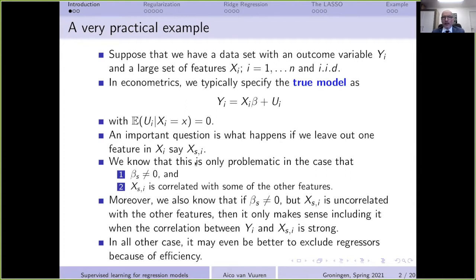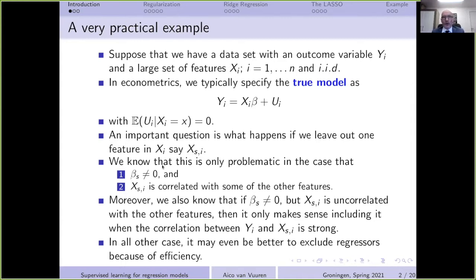We should realize that there are two particular restrictions that we need in order to have inconsistency of this beta at the moment that we exclude a particular regressor. I'm pretty sure that you already know them, but I'm going to look at them another time. And that is, first of all, that beta S should be unequal to 0.